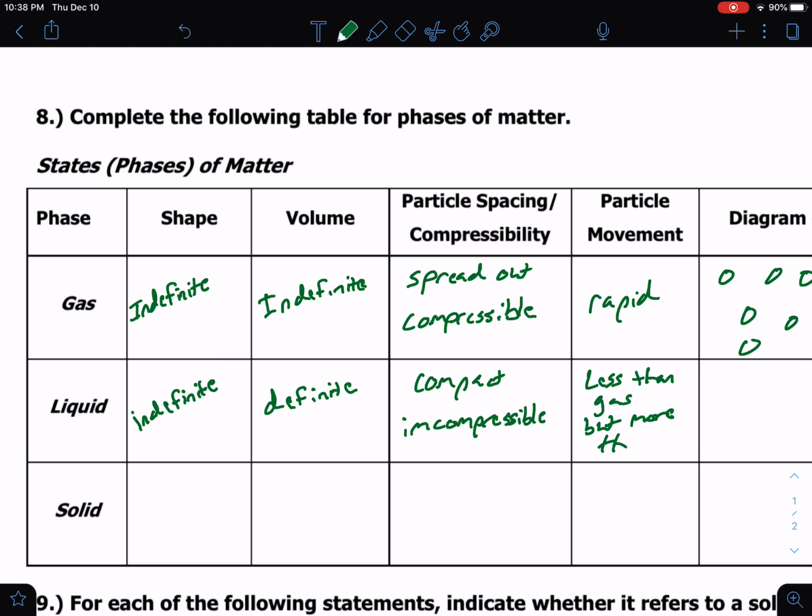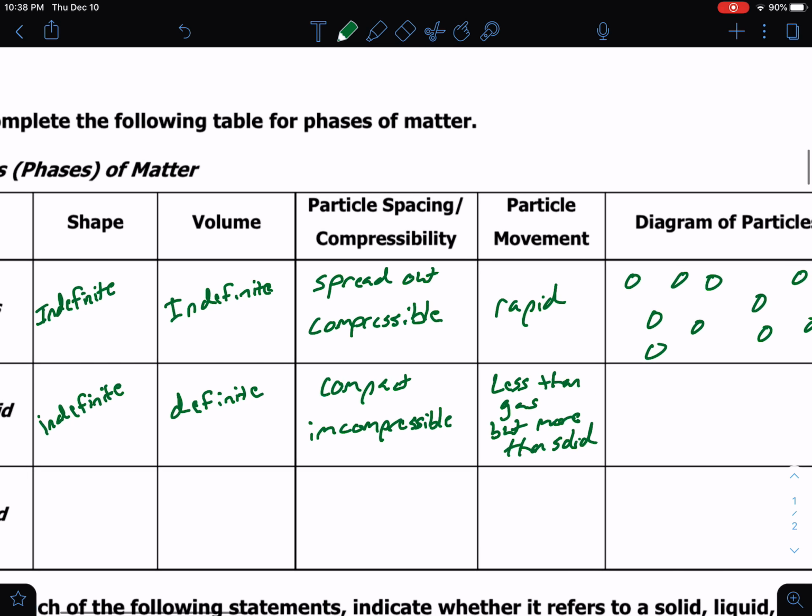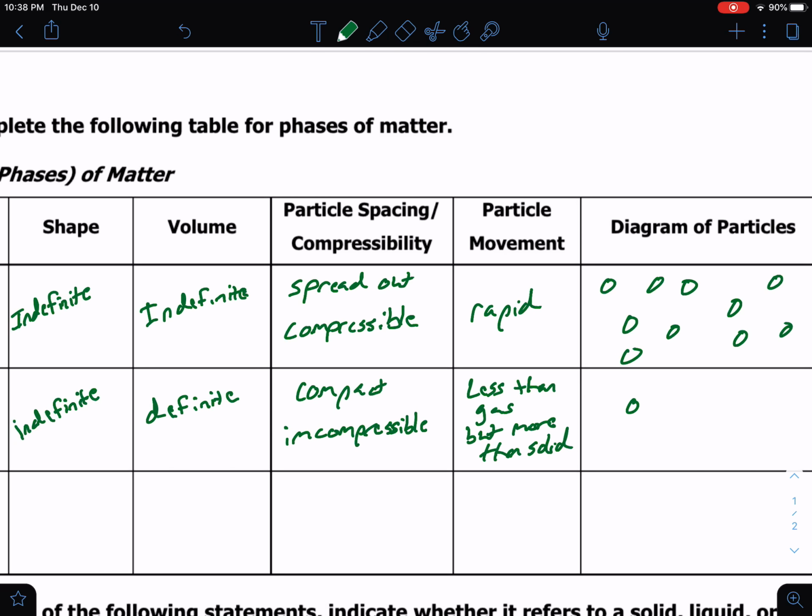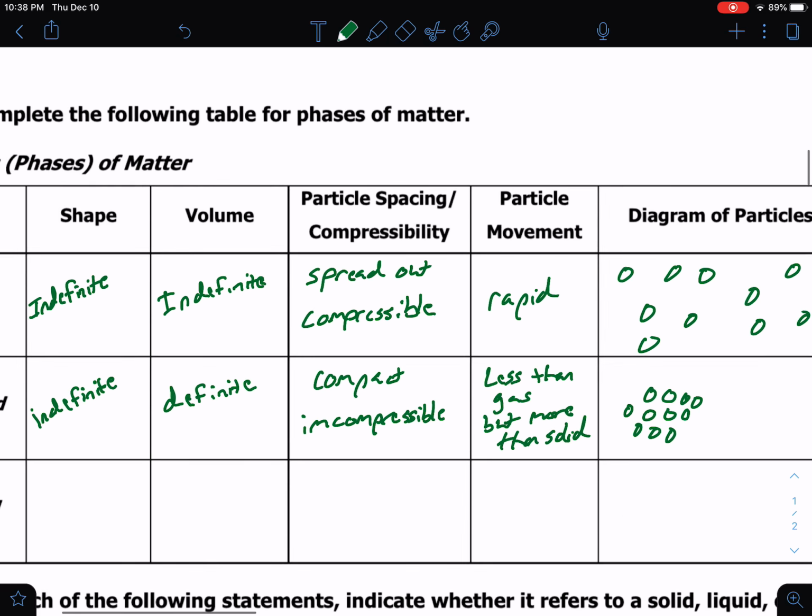You have a little more movement in a liquid than a solid, but not as much as a gas. The diagram is molecules a little bit closer together. That's the gist of it.